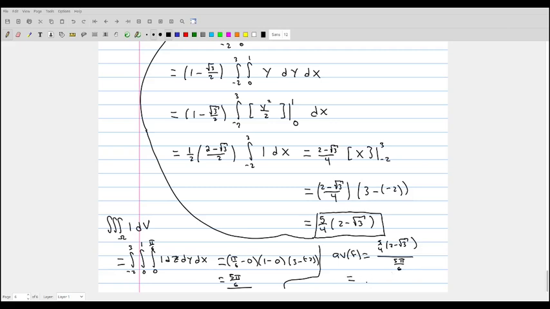So the average value of this function is going to be exactly 3 times 2 minus square root of 3 over 2 pi.